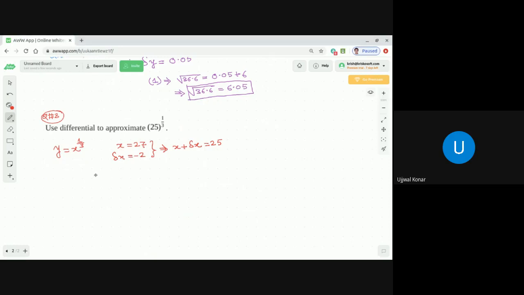Now we need to find delta y. Let me write it here.